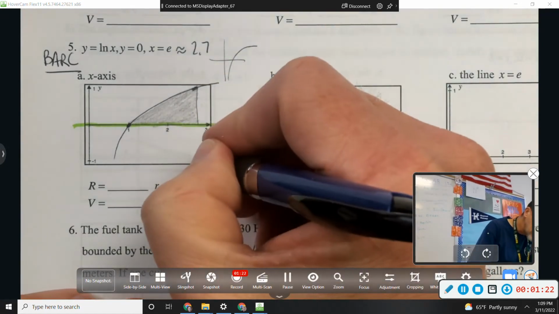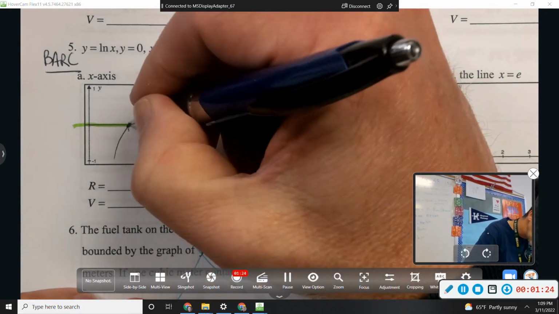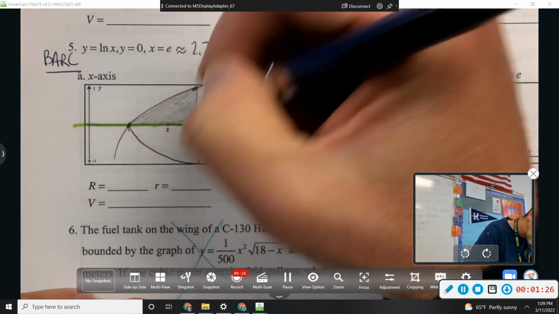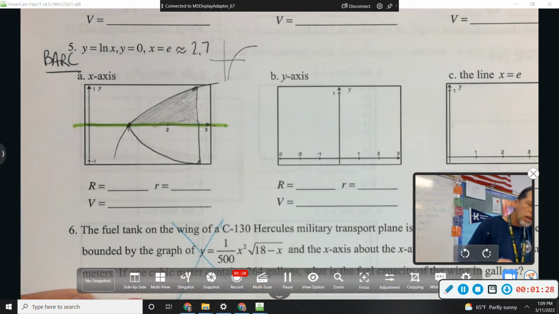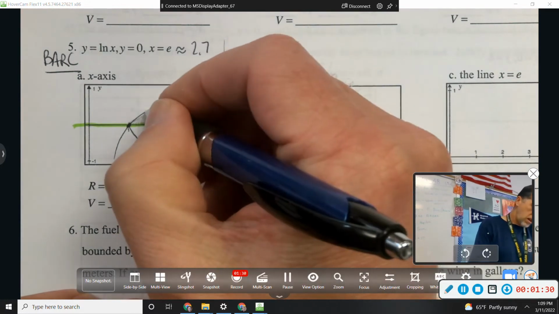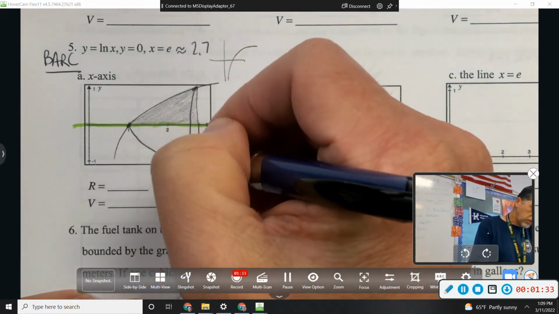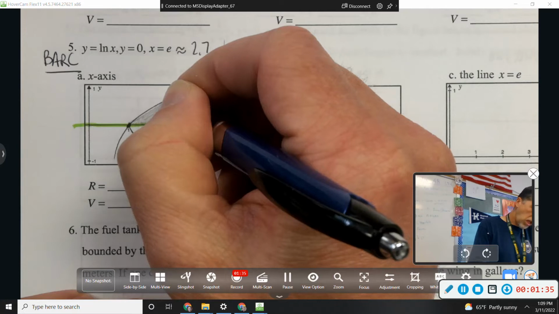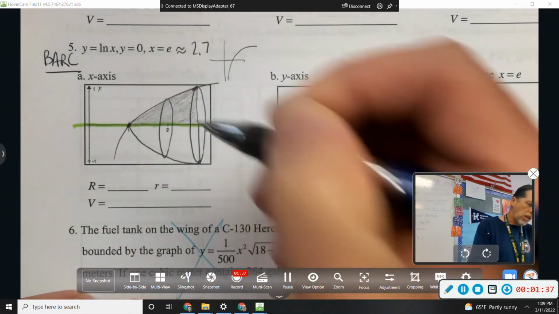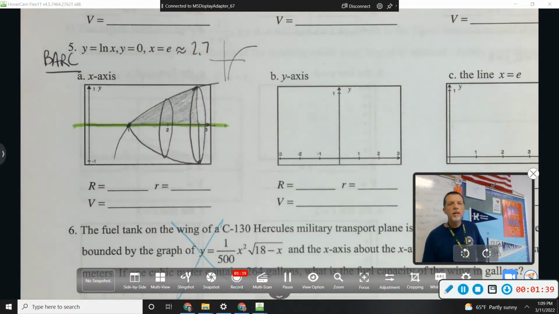Reflect it. And then draw some circles. So this is a 3-dimensional bullet looking thing.